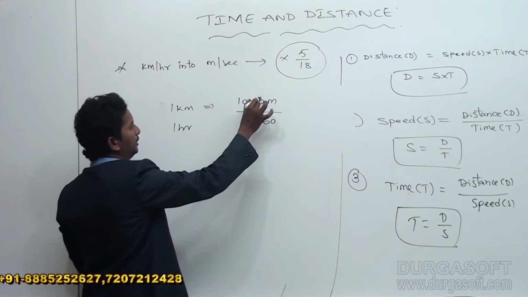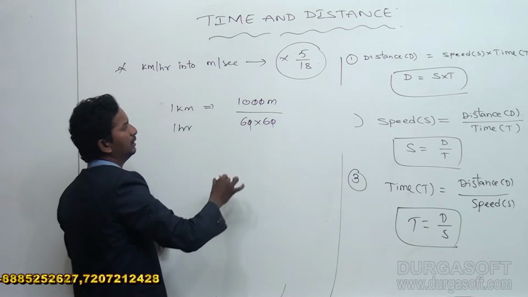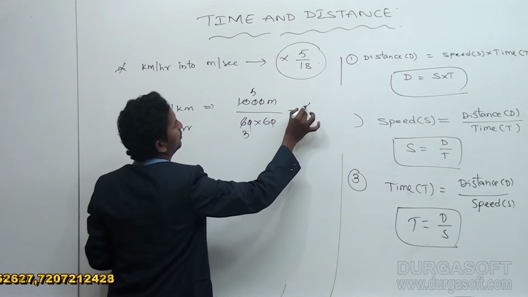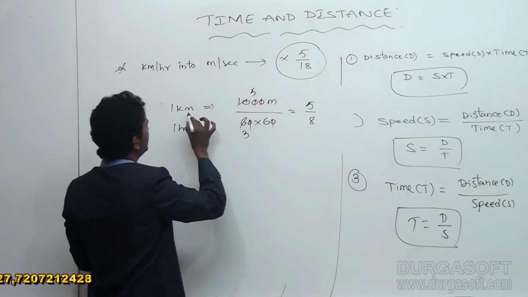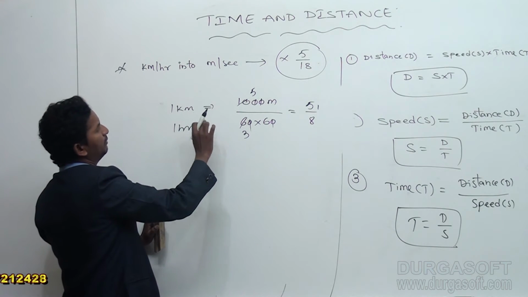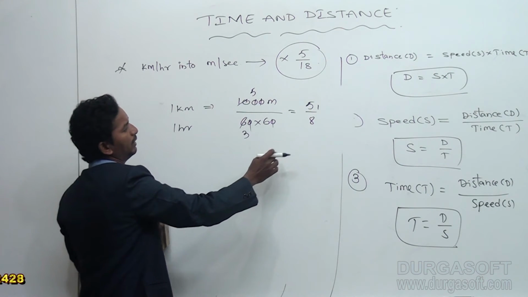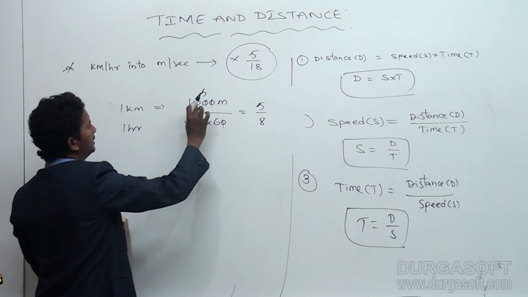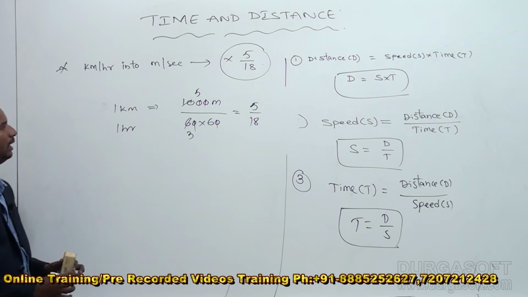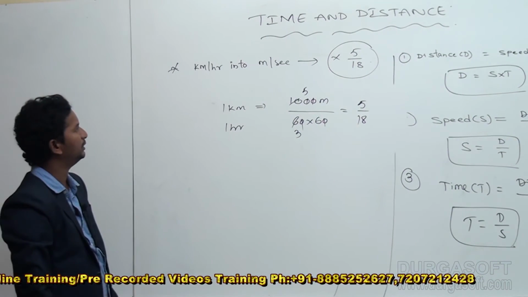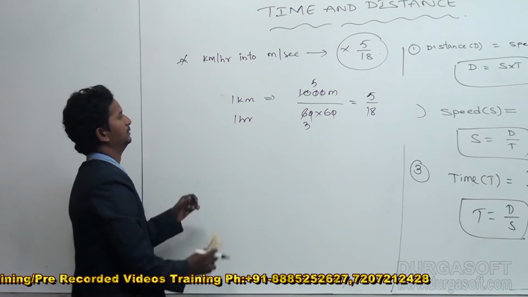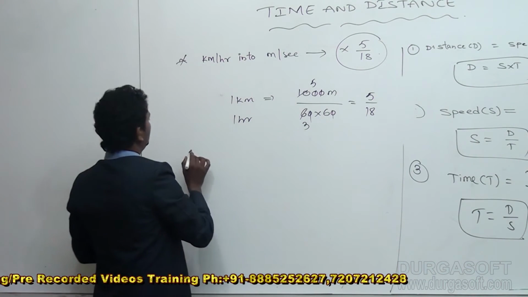Cancelling, we get 5 by 18. So when converting kilometer per hour into meter per second, multiply by 5 by 18.